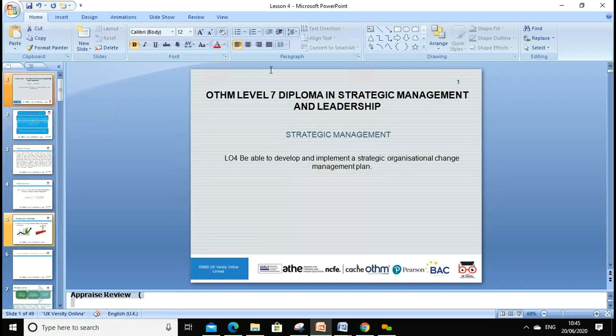So in today's lesson we learned about the force field model. We discussed other different models of change. We discussed Big Bang and incremental change, and we discussed the unfreeze, change and refreeze theory as well.